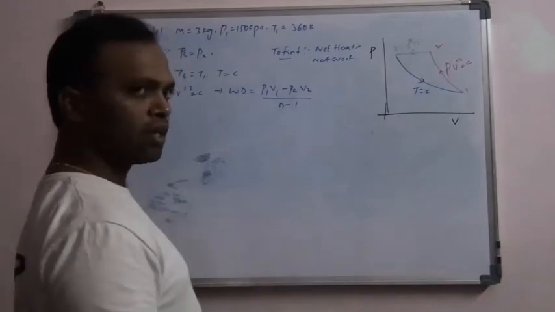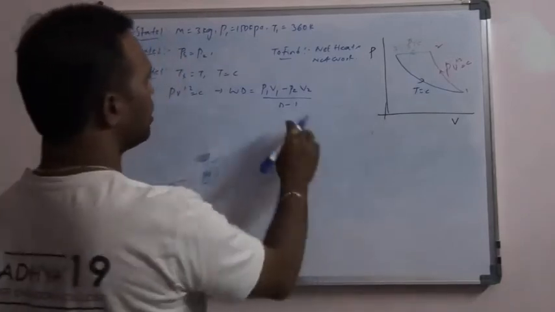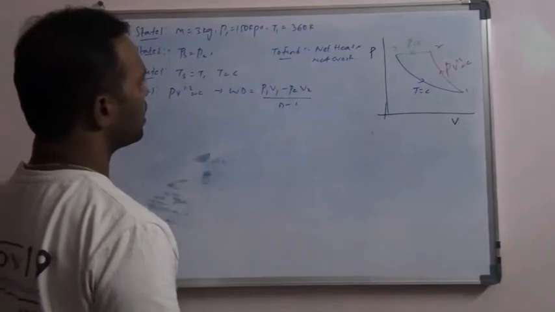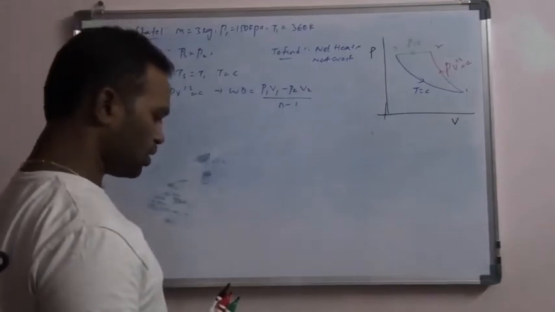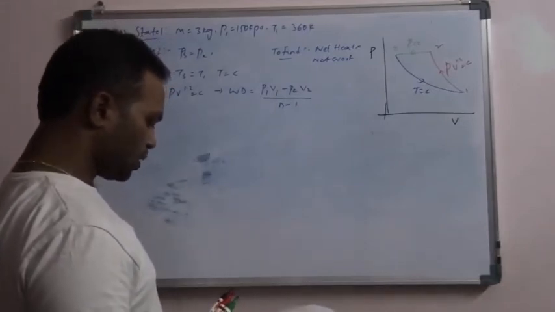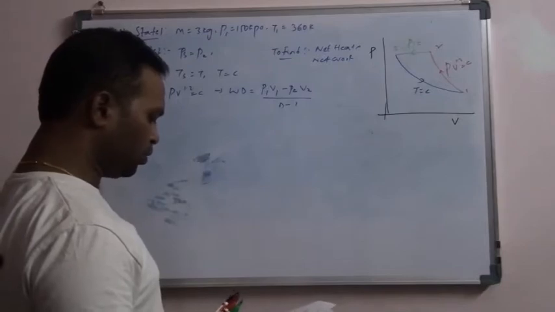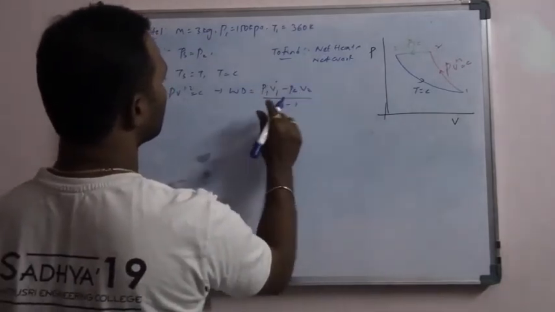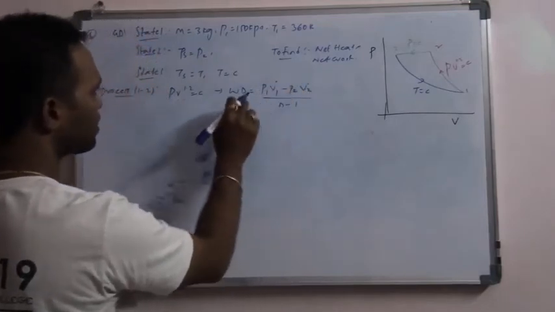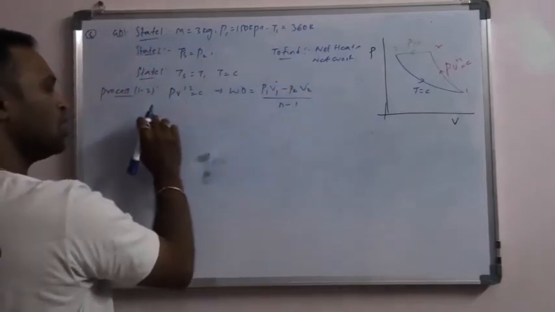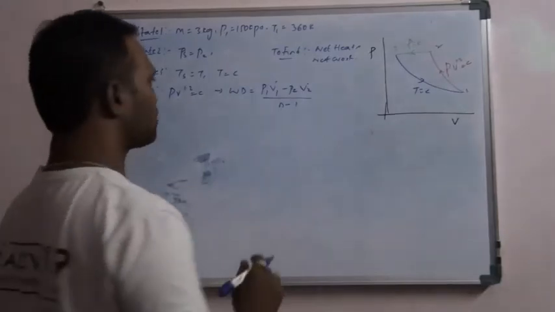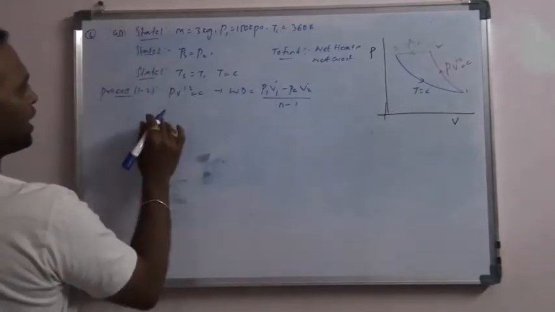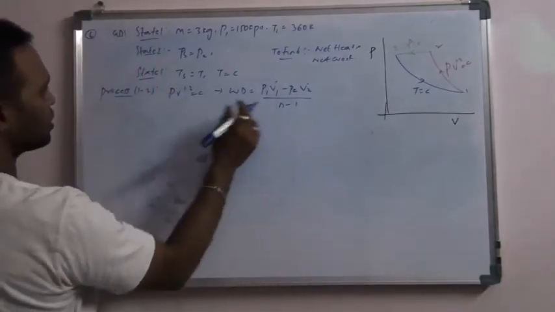V1 is not given, and V2 is also not given. So we need to calculate V1 and V2, and P2, and then substitute for work done. Once work done is known, then we can calculate the heat transfer.